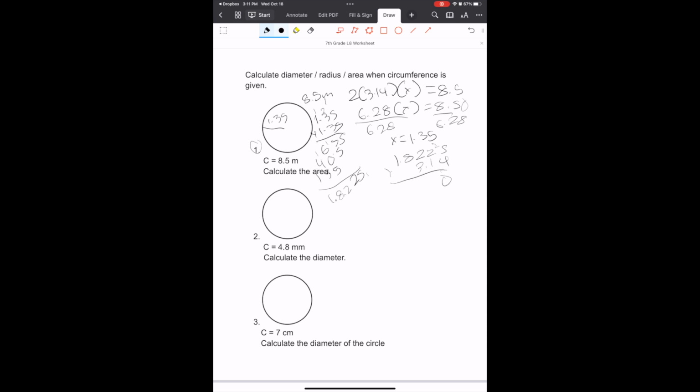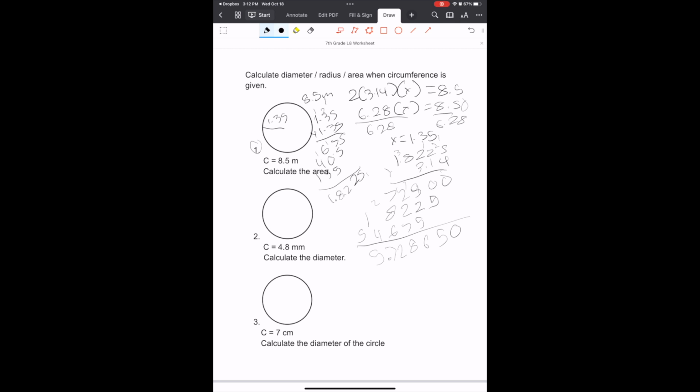Then you add these up, and count the 6 decimal places.